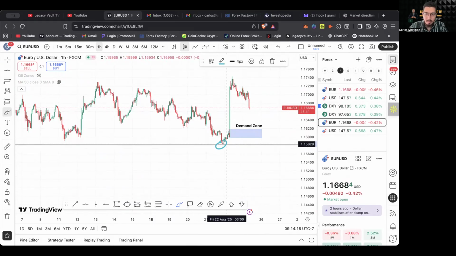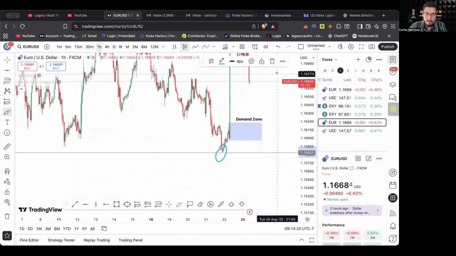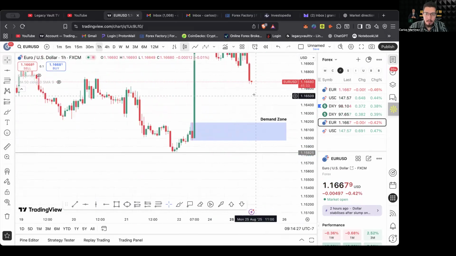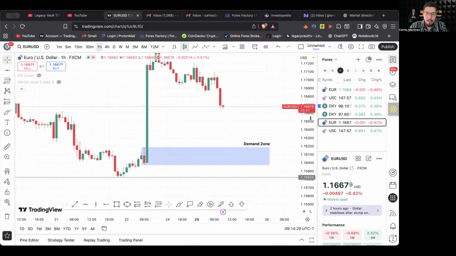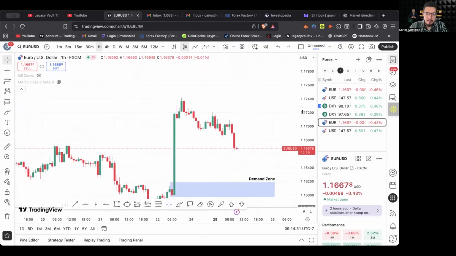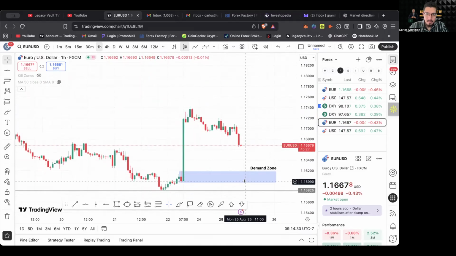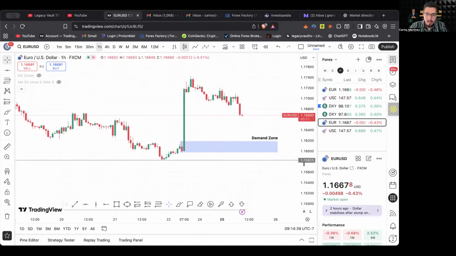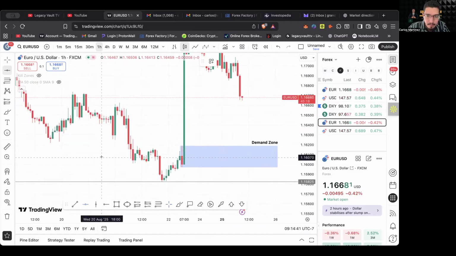It created a support level. And we can look for a supply. We can also mark this level as another support level here.